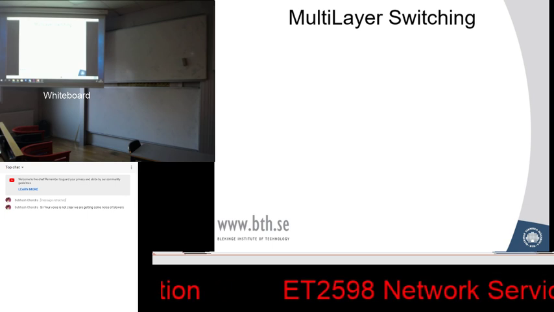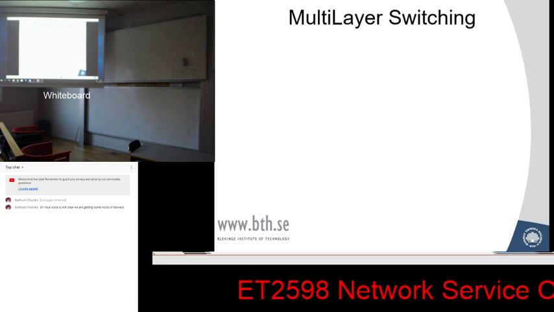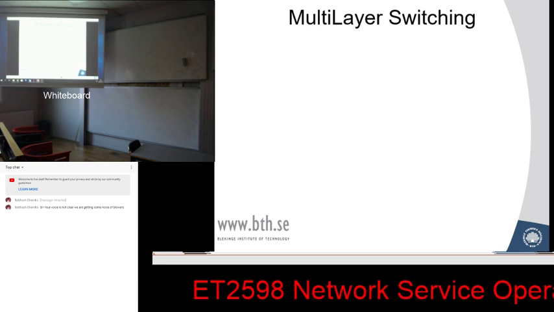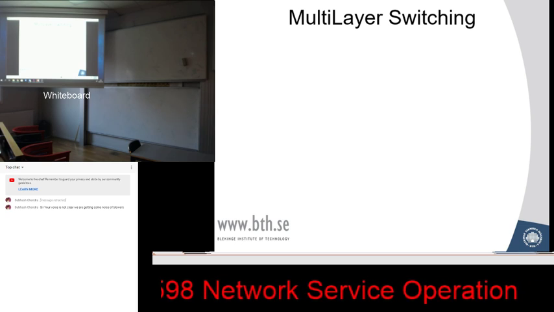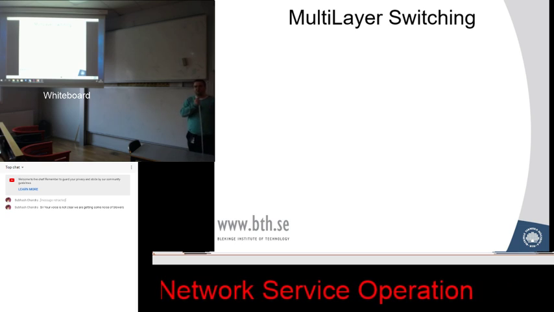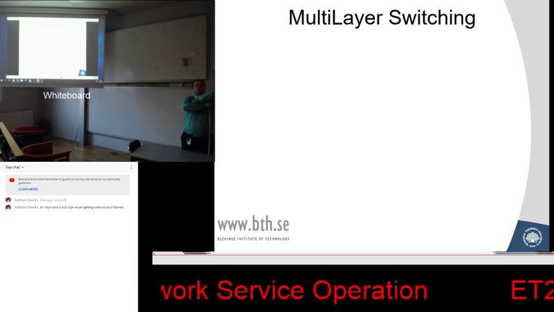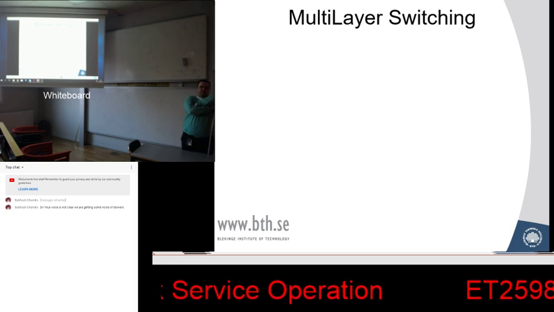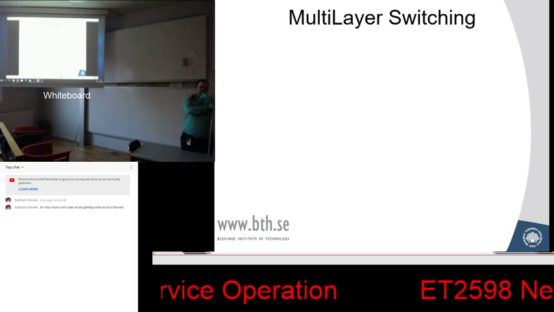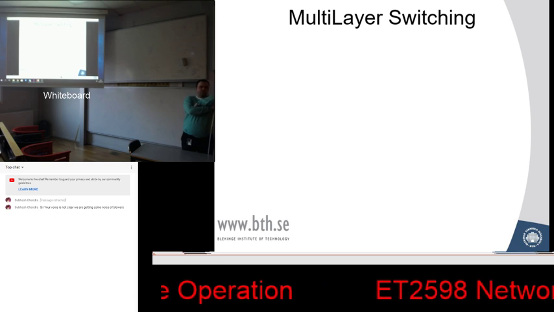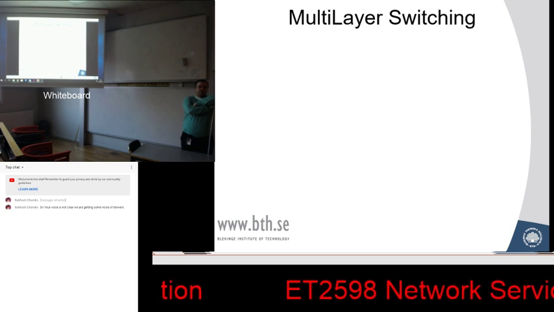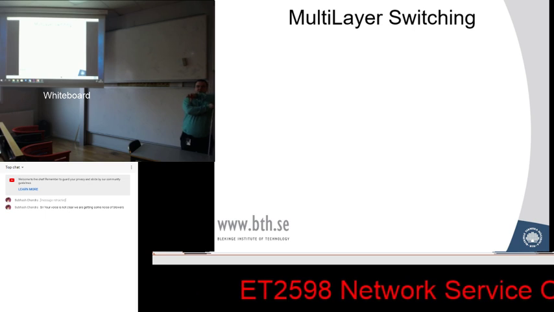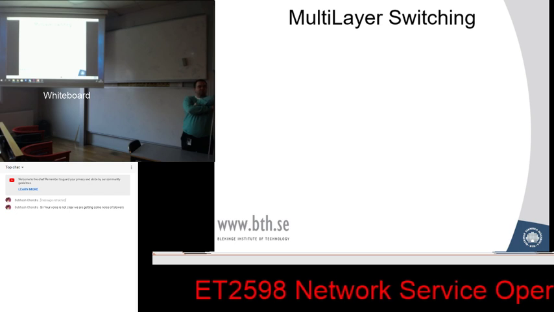Multi-layer switching. There has been a trend to say that you're doing switching on layer 3, which is the network layer. You're not. You're doing routing. You're moving packets, moving one packet from one network to another.